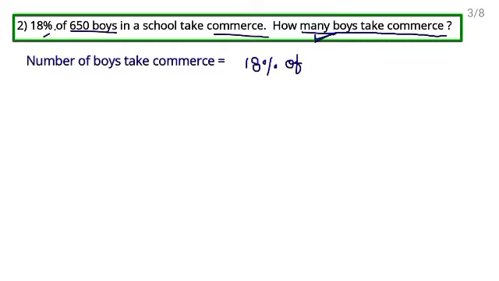To find the number of boys who have taken commerce, just calculate 18% of 650. Clear? Because in the question they have given that 18% of 650 boys take commerce. So simply calculate it. 18% means 18 out of 100, or you can write it as 18 upon 100 multiplied by 650.